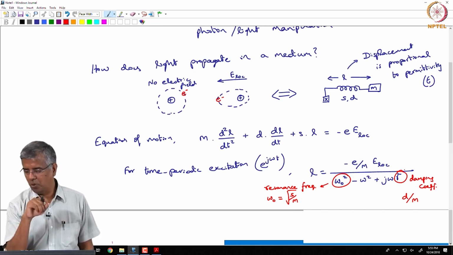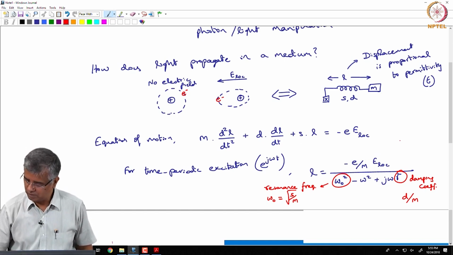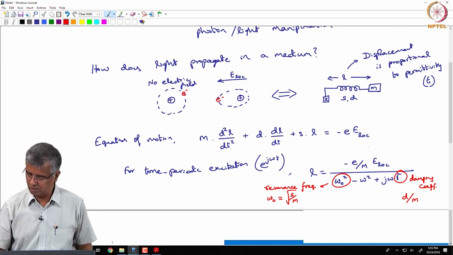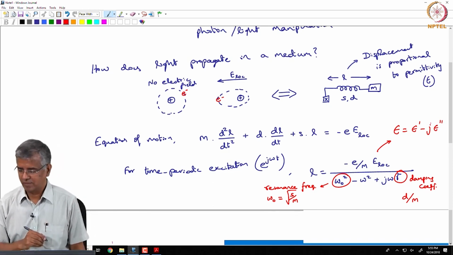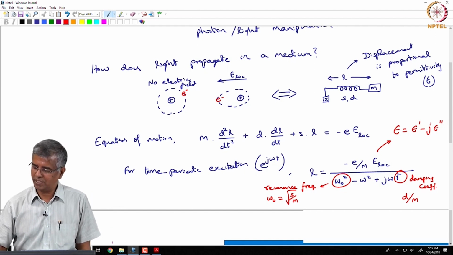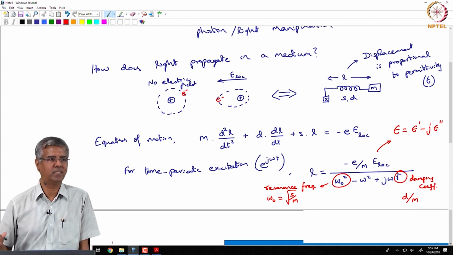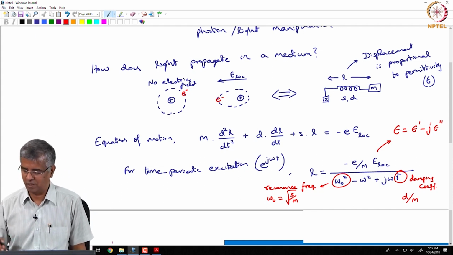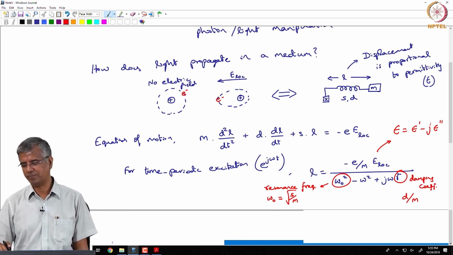Both epsilon prime as well as epsilon double prime, because this quantity is imaginary, I can say that epsilon can be written as a real part and an imaginary part. Do not pay too much attention to that minus sign, that is just a convention, but the key thought is that there is actually an imaginary part to this.